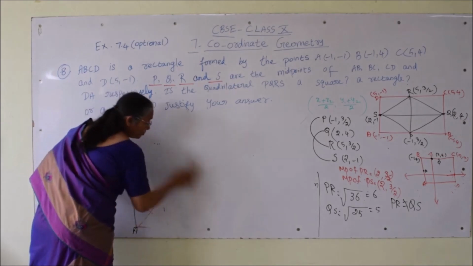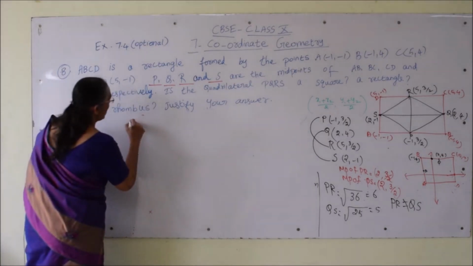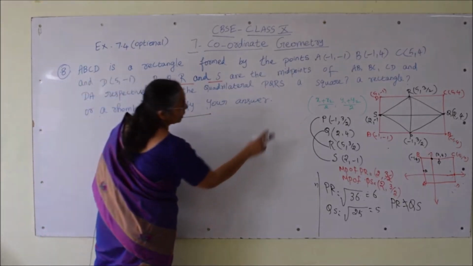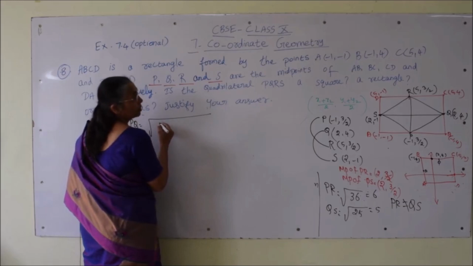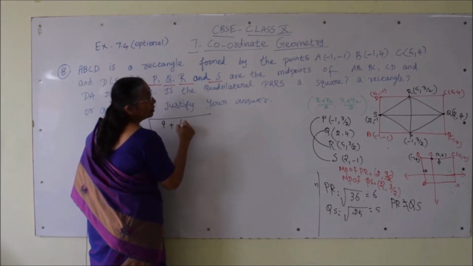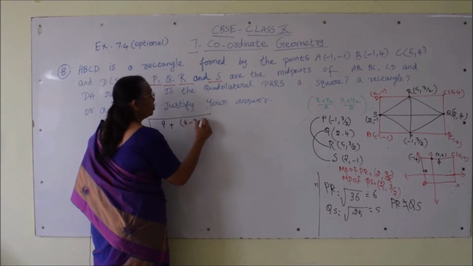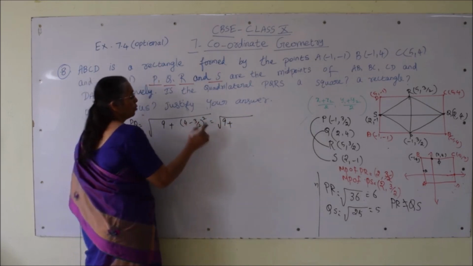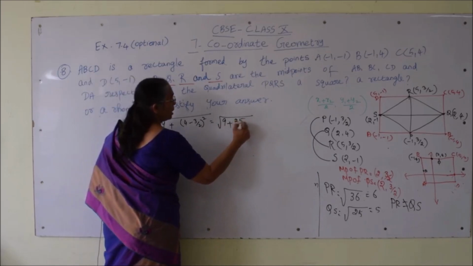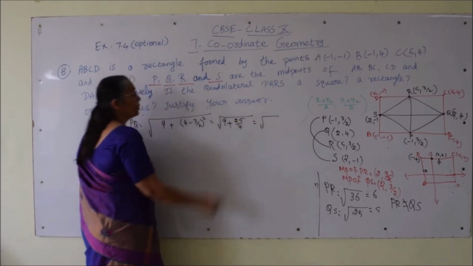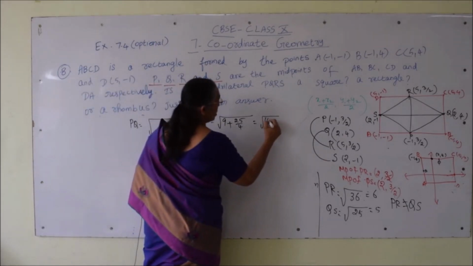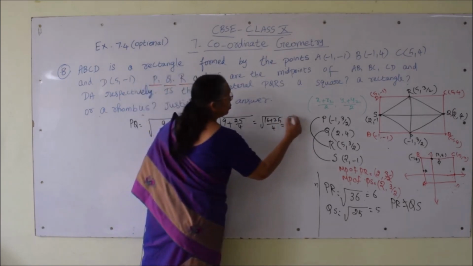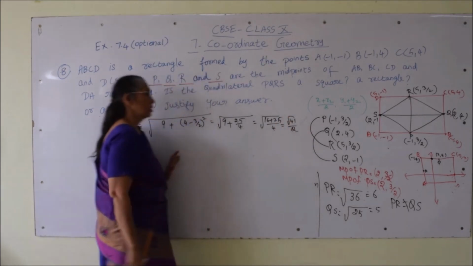Now the distance PQ is root over (x2 minus x1) whole square plus (y2 minus y1) whole square. 2 minus of minus 1, 2 plus 1, 3 square 9, plus (4 minus 3 by 2) whole square. 4 minus 3 by 2 is 5 by 2, whole square is 25 by 4, which is root over (36 plus 25 by 4), that is root over 61 by 4. Root 41 by 2, the PQ distance.